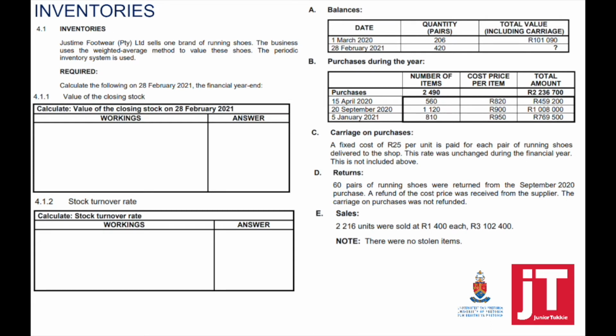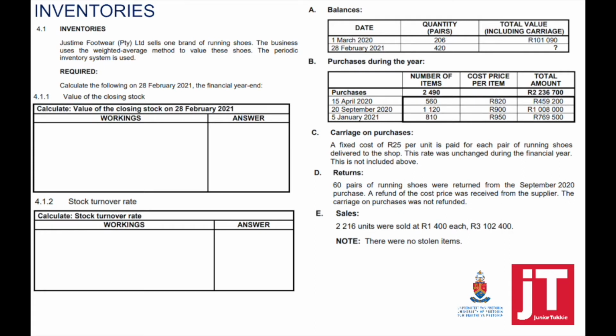If we look at the carriage on purchase, a fixed cost of 25 Rand per unit is paid for each pair of running shoes delivered to a shop. This rate was unchanged during the financial year. This is not included above, which means that we need to calculate the carriage on purchase.